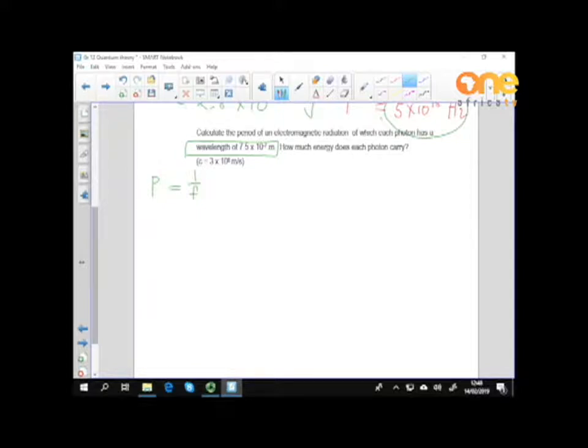So we will start off with speed is equal to f times lambda, the speed of light. We are looking for period, so we should get frequency. Frequency is equal to speed of light divided by wavelength.